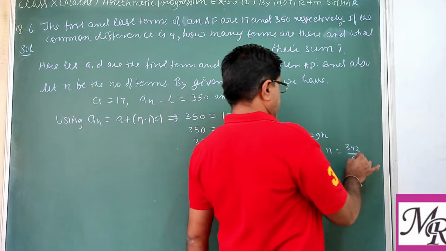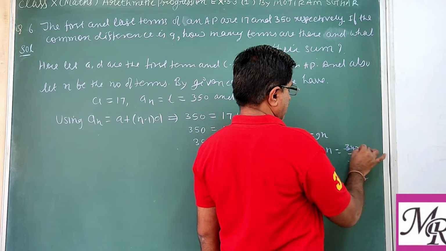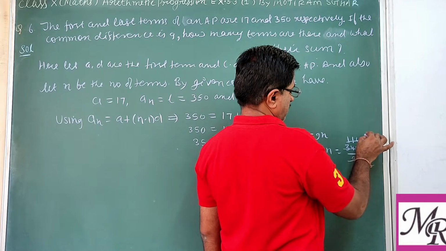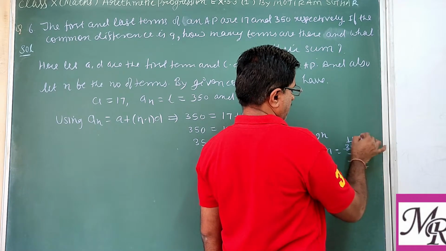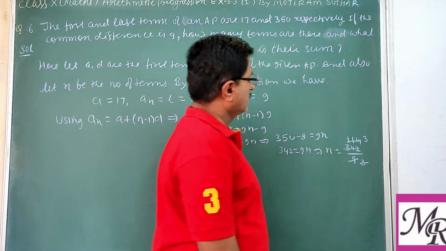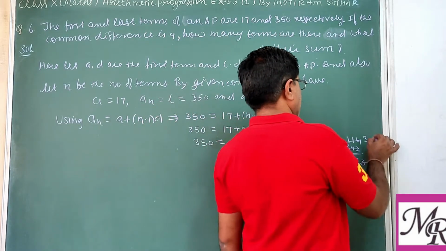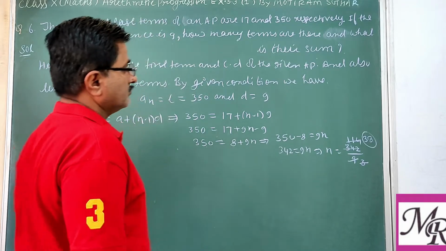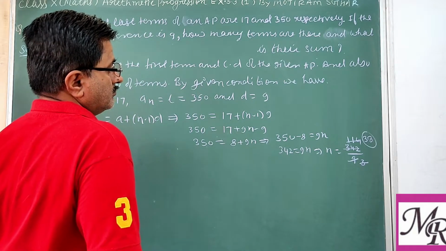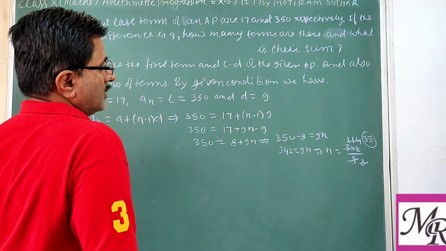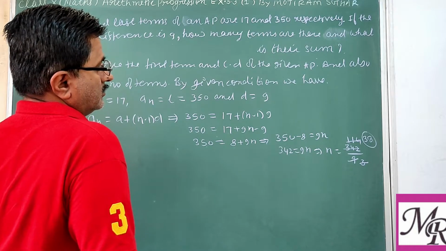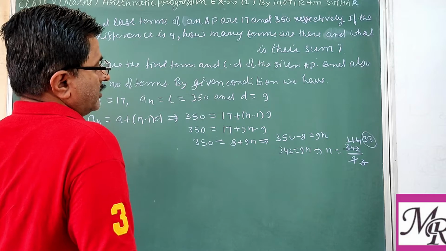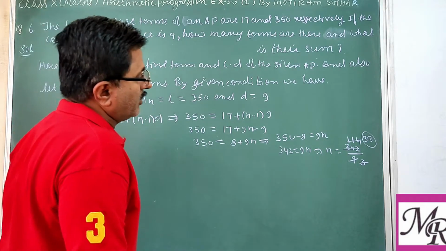So n equals 342 by 9. You can divide by 3, and we get n equal to 38.